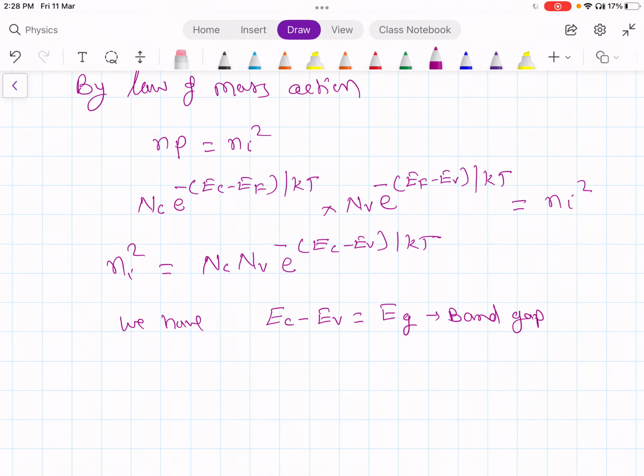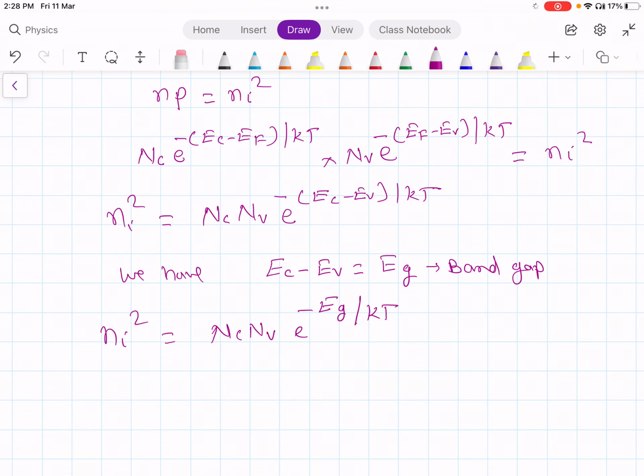So let us substitute the value of this Ec minus Ev in the above equation. Then we get ni square equals Nc Nv e raised to minus of Eg upon kT. Take the square root on both sides.